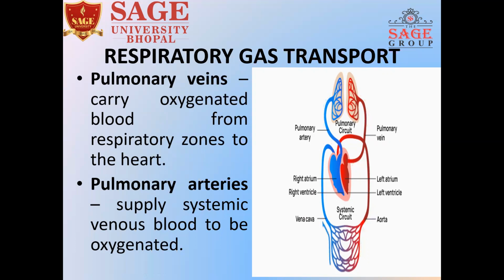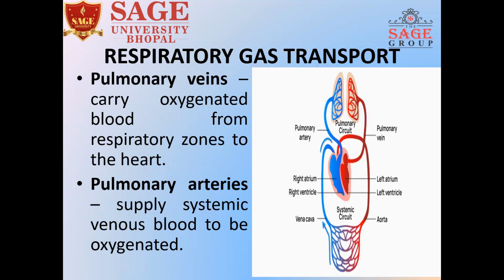The O2 travels in the form of oxyhemoglobin through the pulmonary veins to the left atrium of the heart, and then from the left ventricle it is pumped to the aorta, and further through systemic arteries it reaches the body tissues.